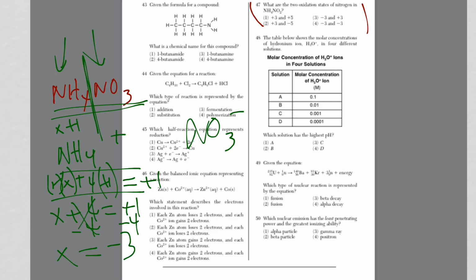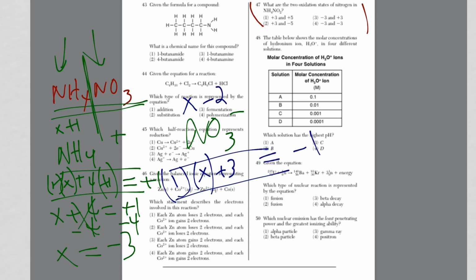And then for NO3, oxygen has an oxidation number of minus 2. Everything needs to be equal to minus 1. I have 1 nitrogen, this again is x, what I'm solving for here. I have 3 oxygens, each one sharing unequally 2 electrons, or minus 2 for the oxidation number.